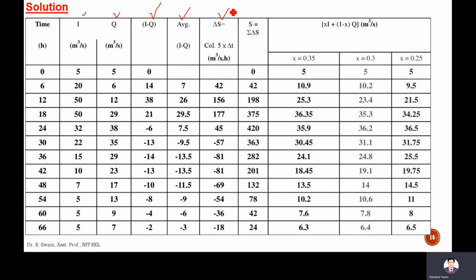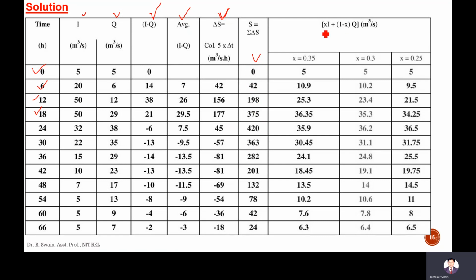The change in storage is calculated from the continuity equation, and the cumulative value gives the storage at each time step.